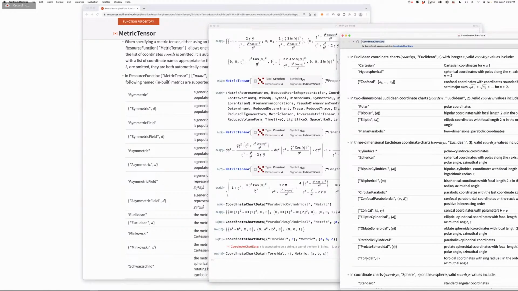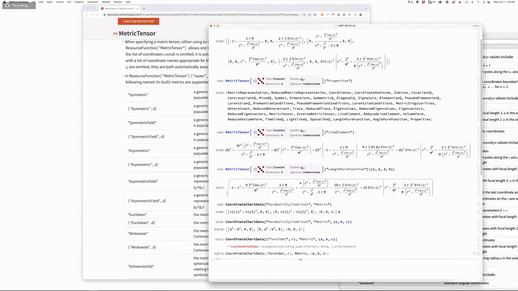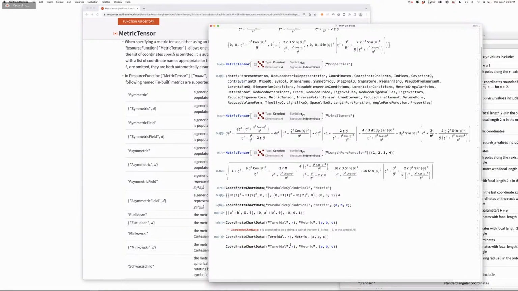I think toroidal A. What's this? I don't know, to be honest. I can follow up on that. What's going on here?